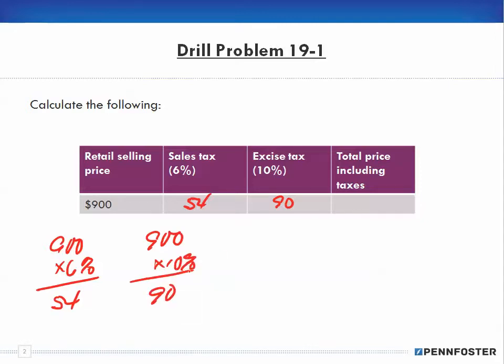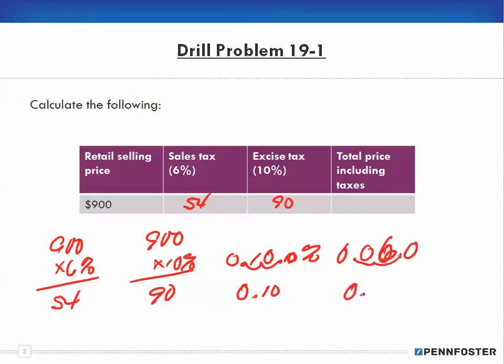Remember percentages. If you're putting it in a calculator, if I have 10%, that's what the percentage looks like: move the decimal place over to the left, so it's decimal 0.10. Or 6% would be 0.06.